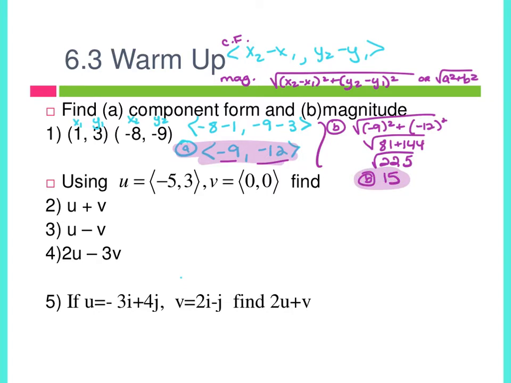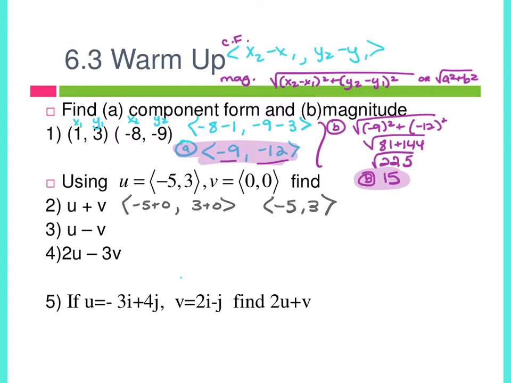For numbers 2, 3, and 4, U is negative 5, 3, and V is 0, 0. For U plus V, I'm going to add negative 5 plus 0, and then 3 plus 0, and I get negative 5, 3.